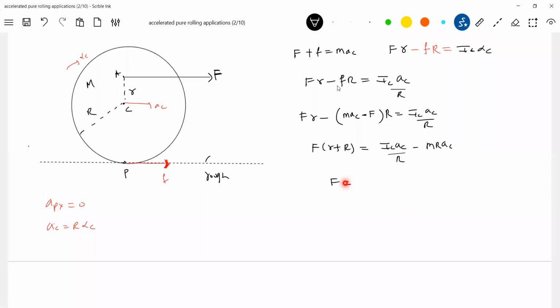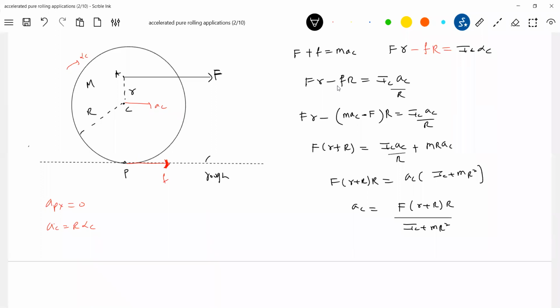So F into (small r plus capital R), this will be AC, I'll take common, IC by R plus M R. Check it once. So AC will be F into (small r plus capital R) divided by this.